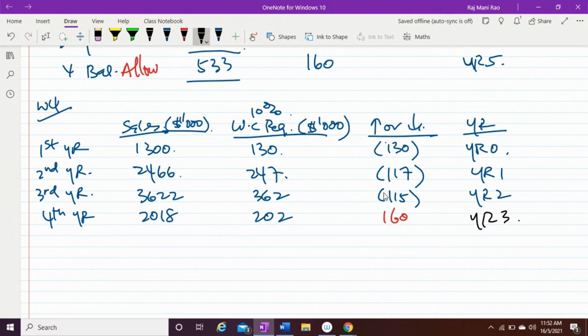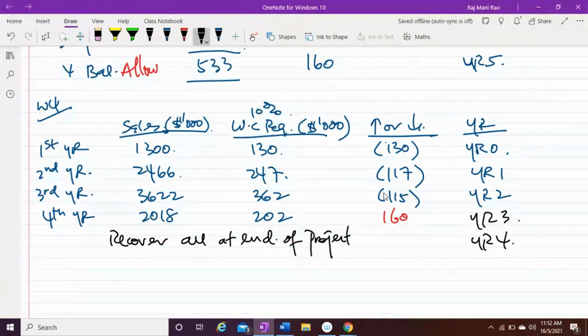And then at the end of the project, recover all at the end of the project. How much do you recover at the end of the project?